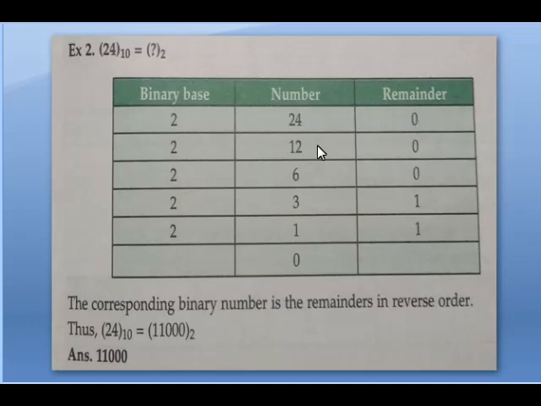Like this we divide the quotient by 2 and get the remainder. When the quotient becomes 0, we stop there. The binary equivalent, taking from bottom to top, is 1 1 0 0 0 base 2. The corresponding binary number is the remainders in reverse order. Thus 24 to the base 10 equals 1 1 0 0 0 to the base 2.